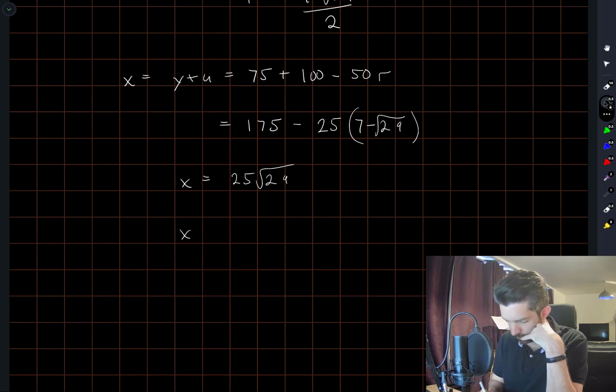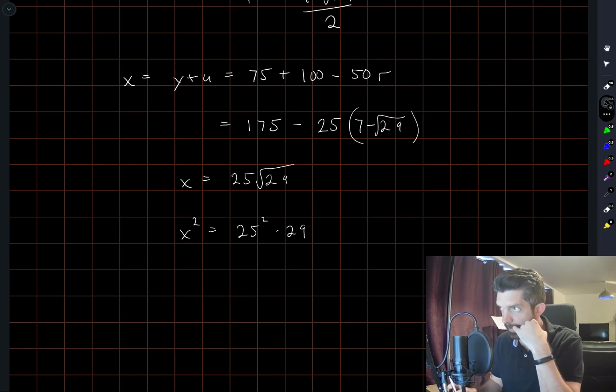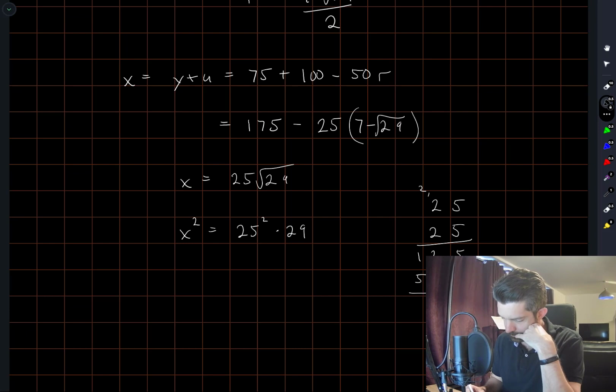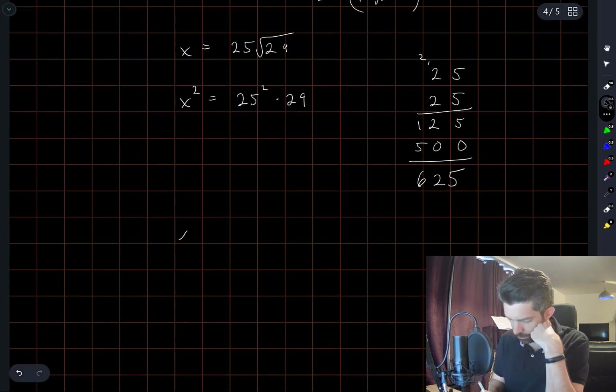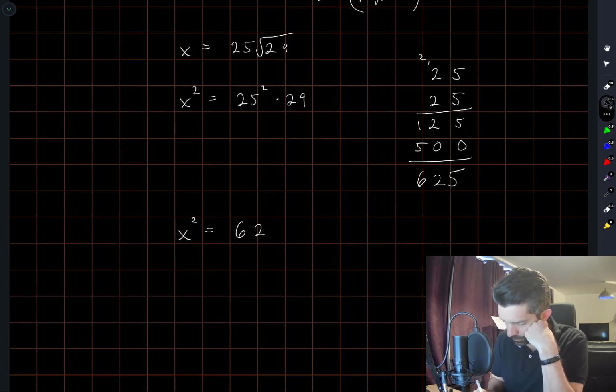So x squared is equal to 25 squared times 29. What's 25 squared? 625, right? I should have known that. So x squared is equal to 625 times 29.